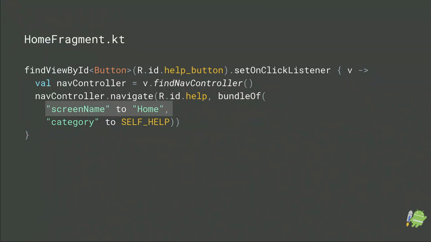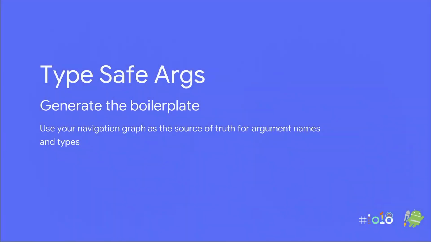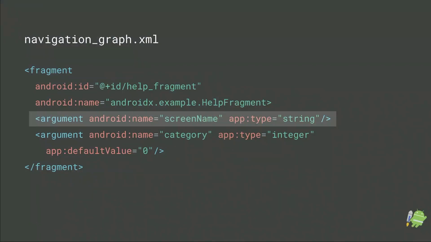So yeah, we decided, okay, now we have this navigation graph. Let's put everything about navigation there, including the arguments of your destinations. So let's see how it looks in XML. It's super simple. We just specify your argument name and its type.